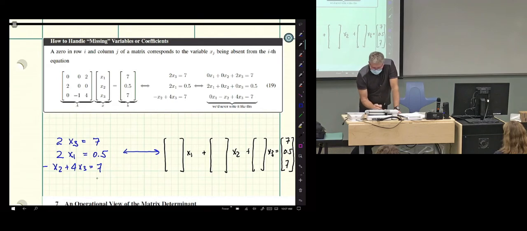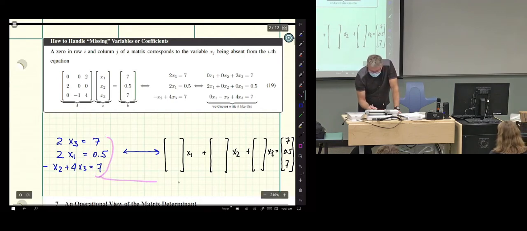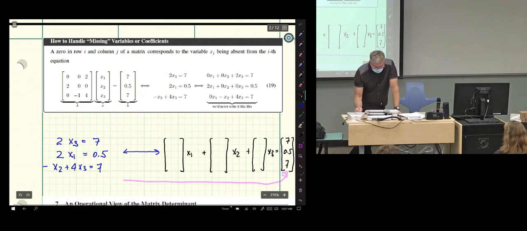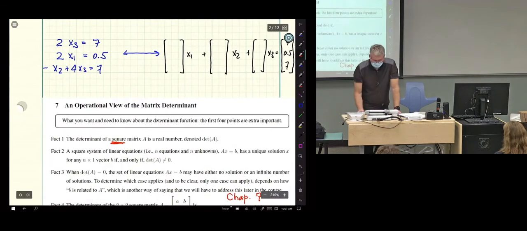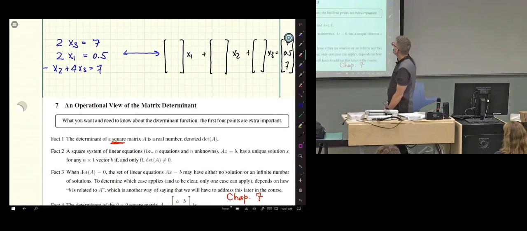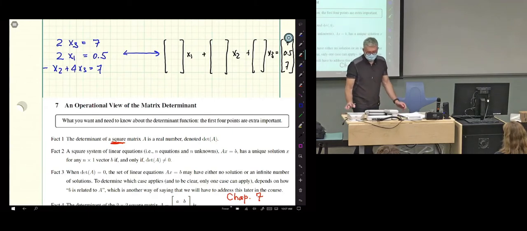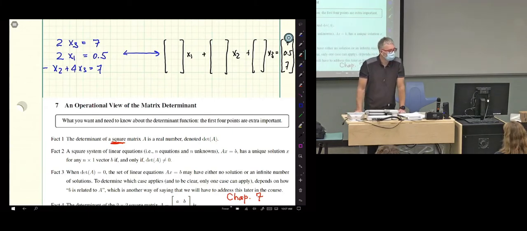I've already taken the constant numbers and put them on the right, which is straightforward. So let's fill in, and let me hide that matrix there. Let's fill in what's multiplying the unknown x1, x2, and x3.